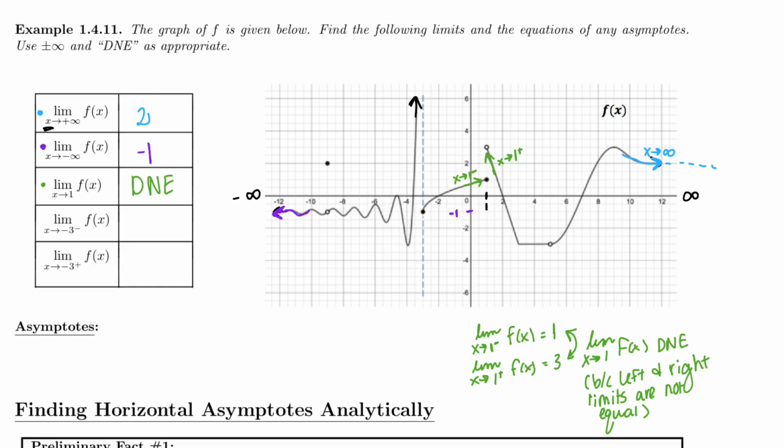Go ahead and do these last two here. Do the limit as x approaches -3 from the negative side, so from the left side, and then from the right side.